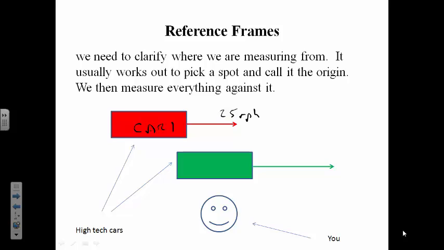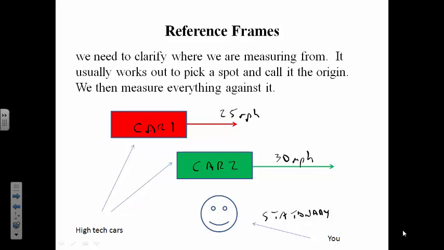Yes, it's going through space and all those other things, but every object on the earth is seen as a non-moving frame for the basis of what we're going to do in this class. And car 2 against the ground was going 30. Because you're stationary, that is why you see them going 25 and 30, because you're standing on the earth, not moving.